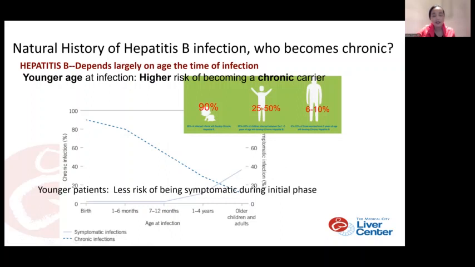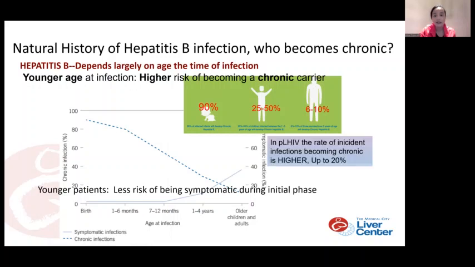In babies who are infected by their hepatitis B positive mothers, the rates of chronicity go up to 90%. But in patients without HIV, if you are exposed and infected as an adult, the rate of becoming chronic drops to 6 to 10%.